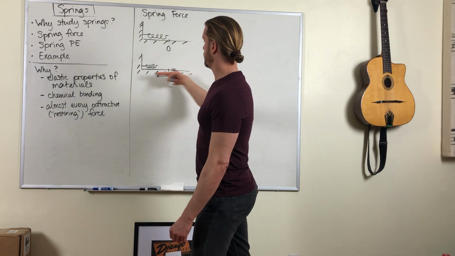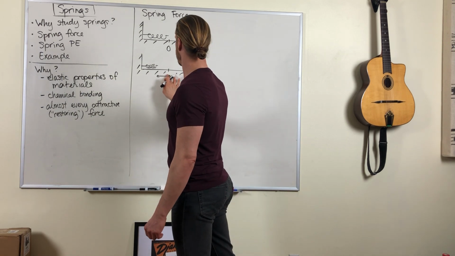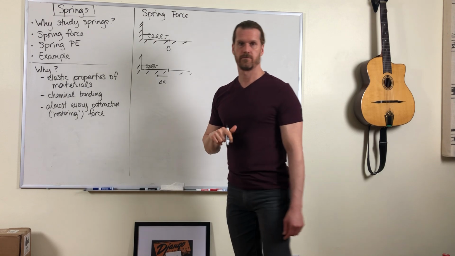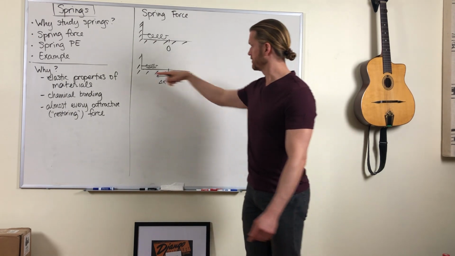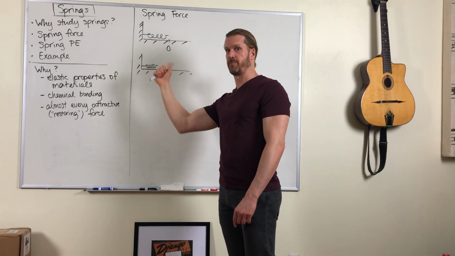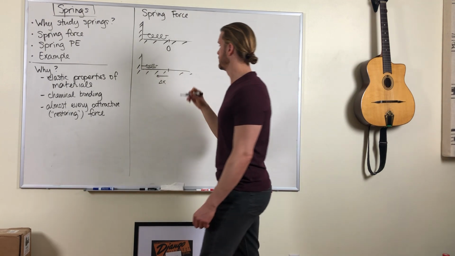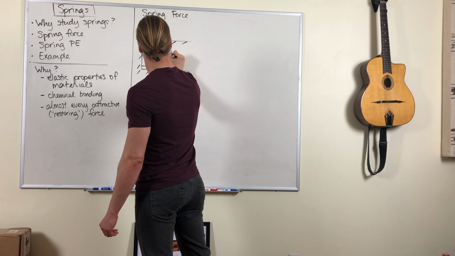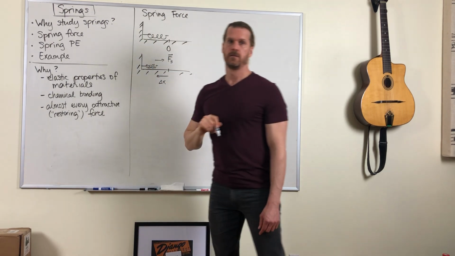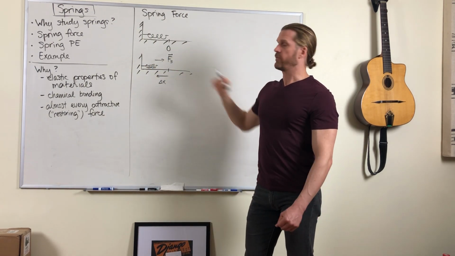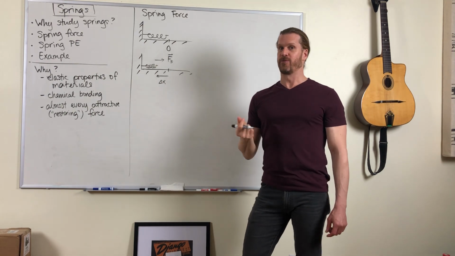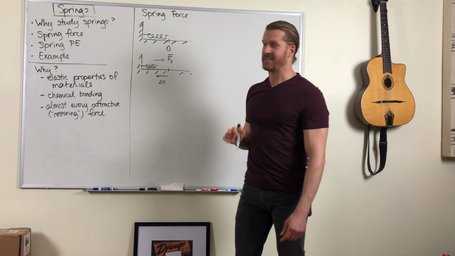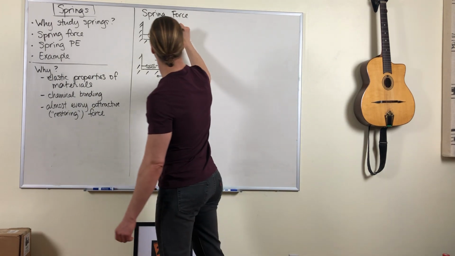So if you apply a displacement, delta x, pointing to the left, the spring is going to push back with a force to the right. So this is known as a restoring force because the spring is trying to restore itself to its equilibrium length.